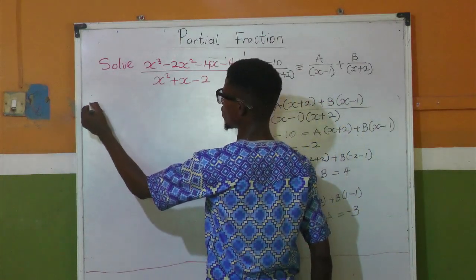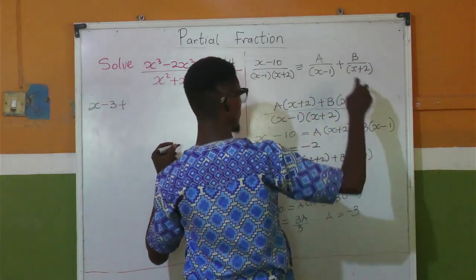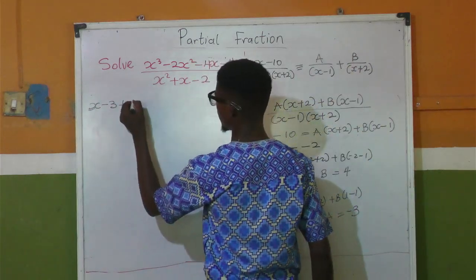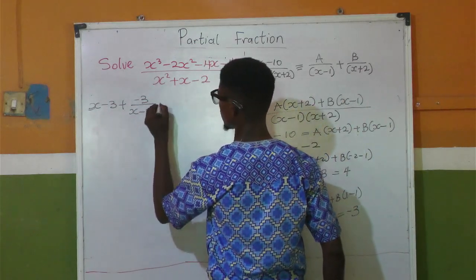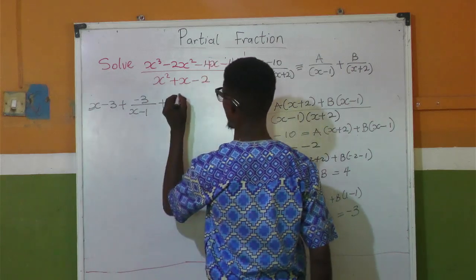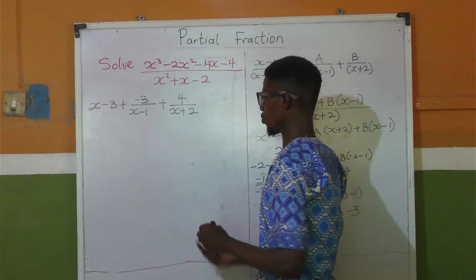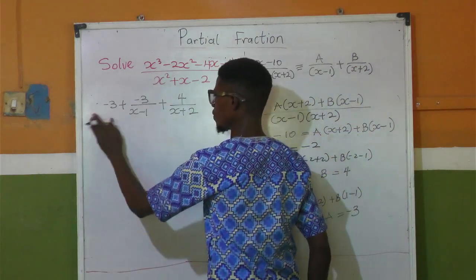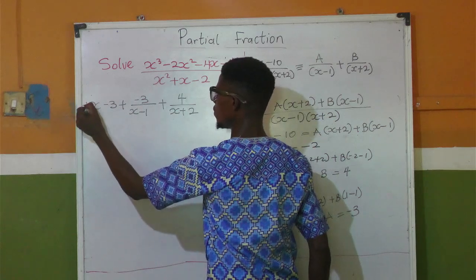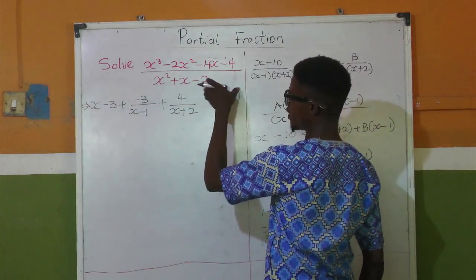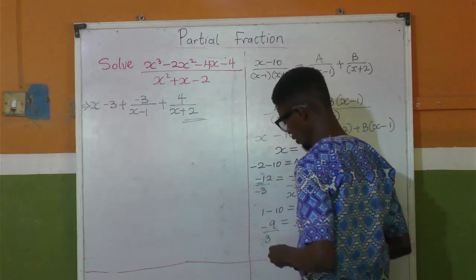So we see x minus 3 plus, now the value of A is minus 3, so we say minus 3 over x minus 1, plus B is 4, so we say 4 over x plus 2. So this is the breakdown of this particular answer. This is going to be our final answer for this work that we have done.